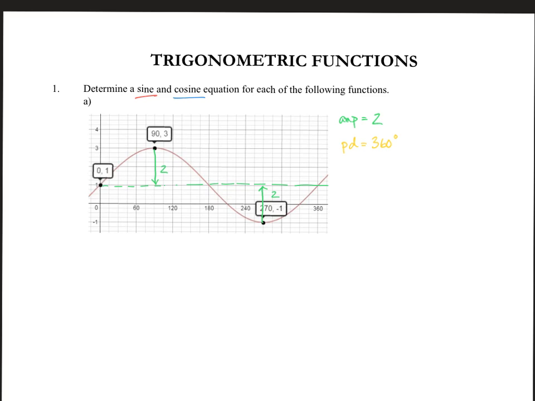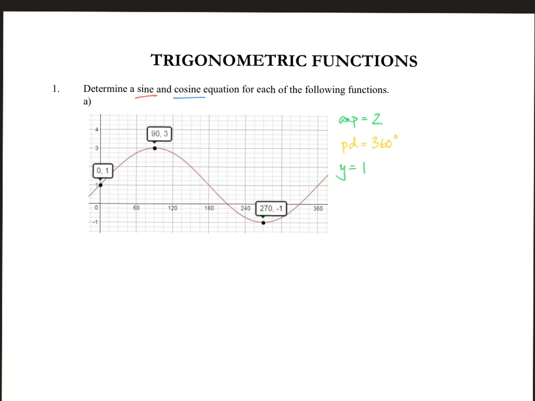If I go down 2 from 3, I get to a value of 1, or if I go up 2 from -1, I get to a value of 1. That tells me that the middle of my graph is at a y value of 1. Therefore, the equation of the sinusoidal axis is y equals 1. That tells us where our graph must lie vertically.